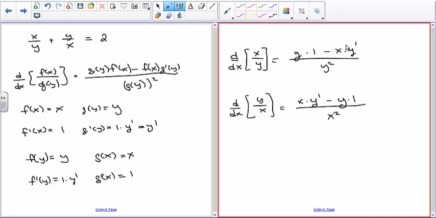So you see what happens is these switch order, and the denominator is y squared and it's x squared. So now if I take the derivative of each one of these terms, you're going to have y minus x y prime divided by y squared. So that's the first one. And then you've got the second one, which is plus x y prime minus y divided by x squared. And that's equal to 0.